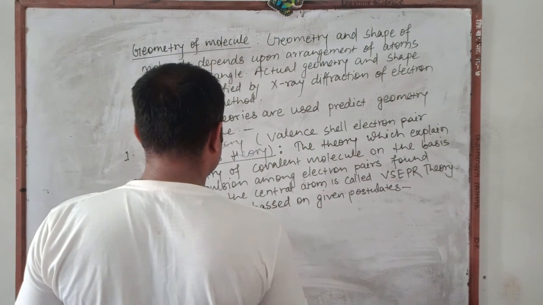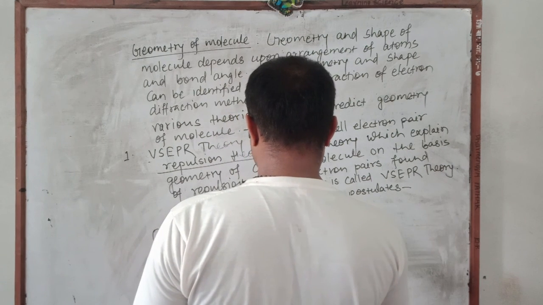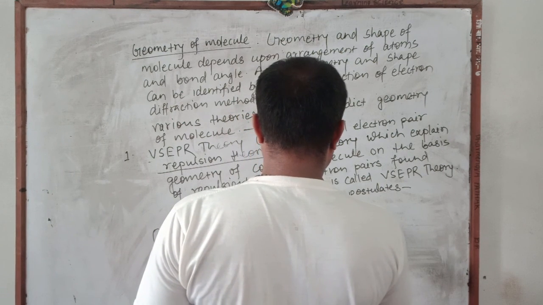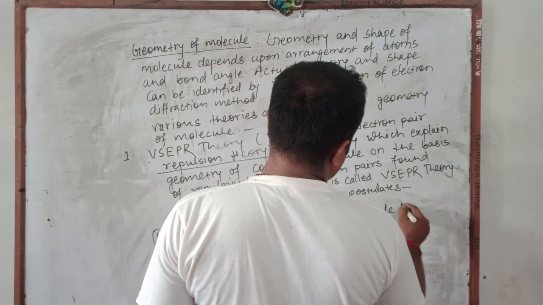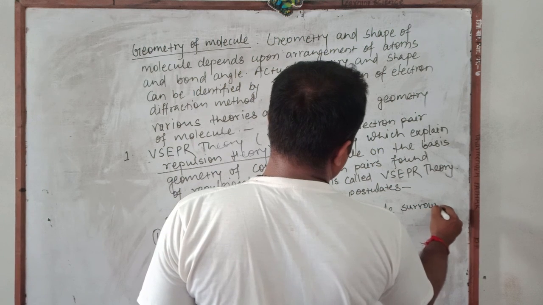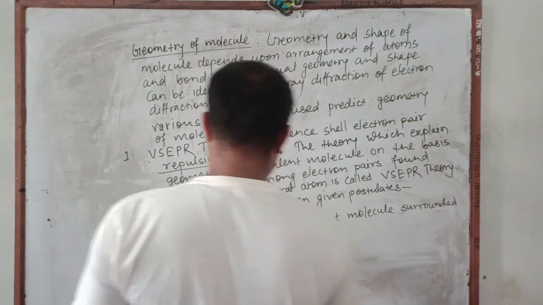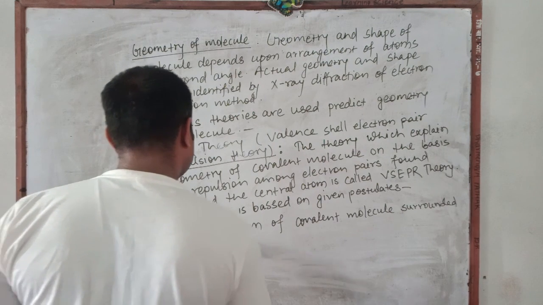At first, the central atom of a covalent molecule is surrounded by atoms.